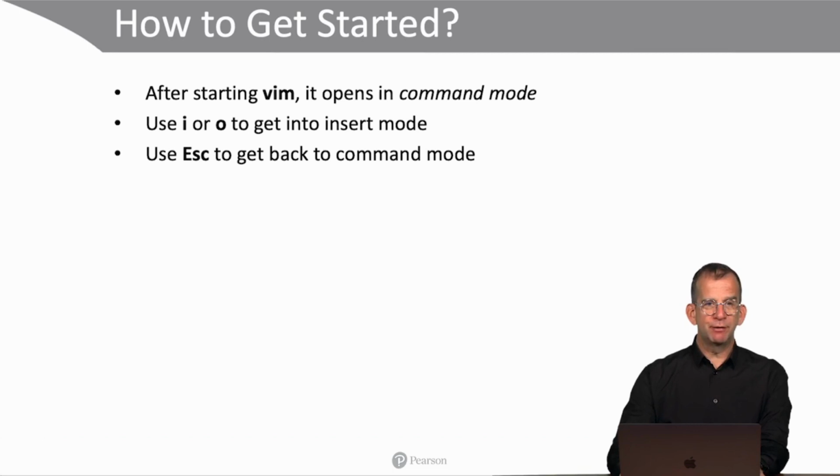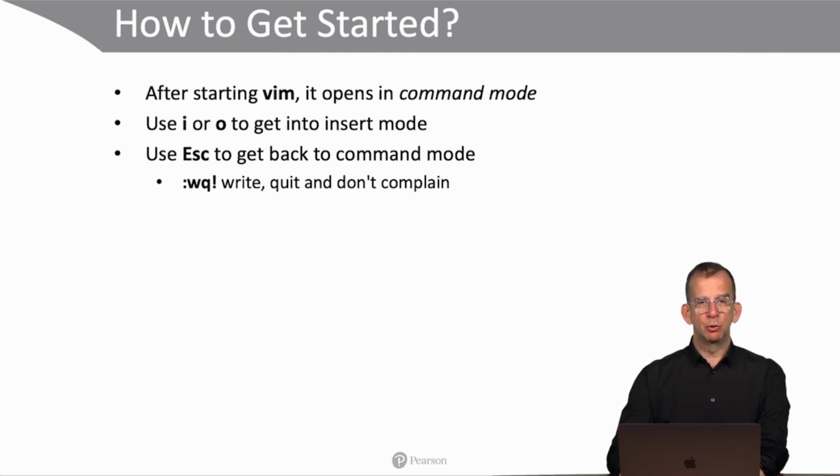If you want to save your file or whatever else, press escape, and after pressing escape there are these magical commands. If you want to go for the minimal approach, there are 4 commands that really matter. :wq! will write, quit, and it doesn't complain about anything.